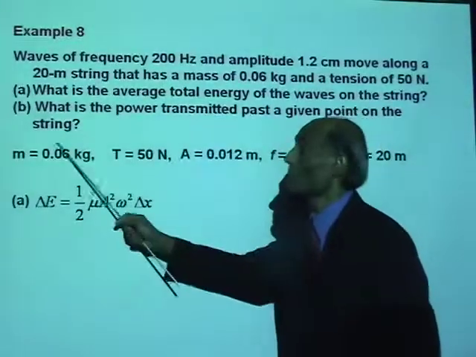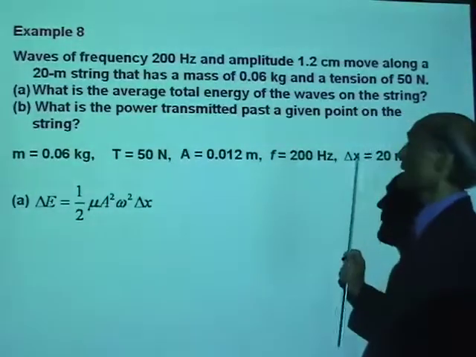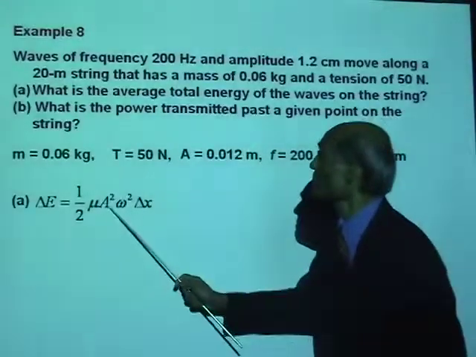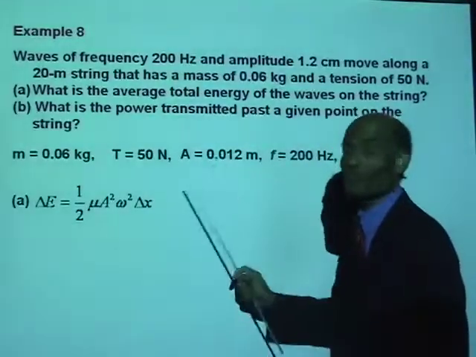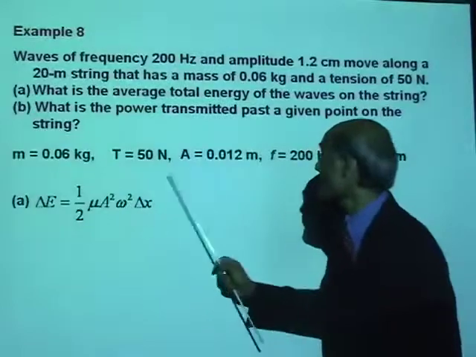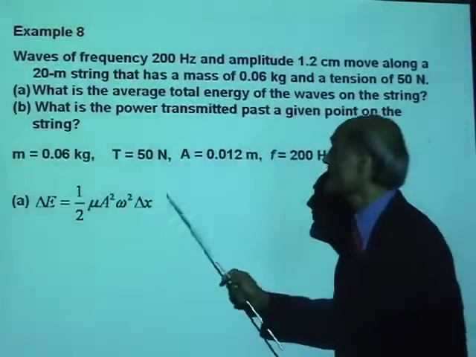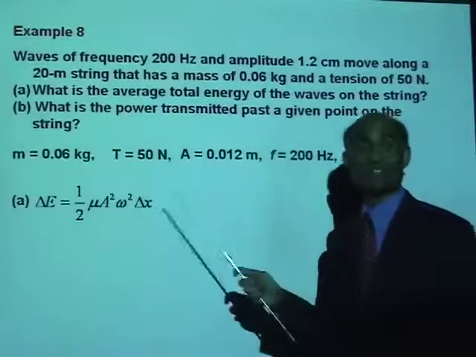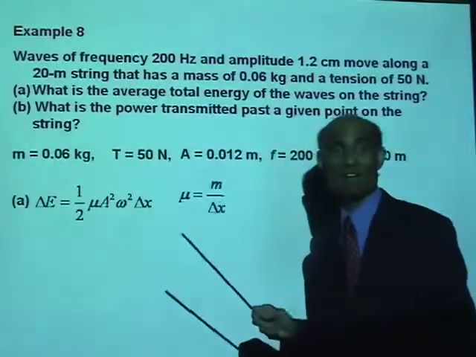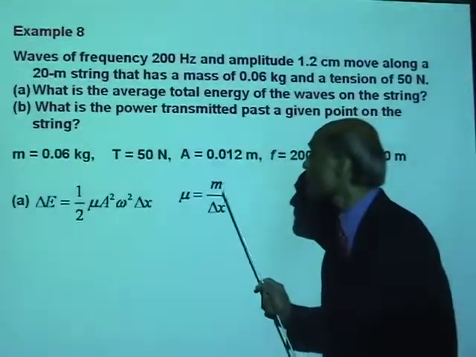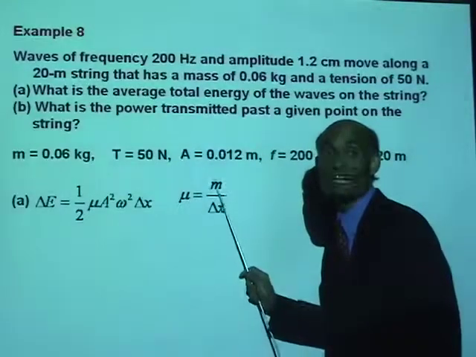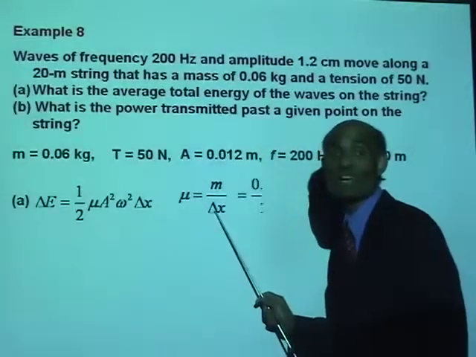Mu is mass divided by the length. The amplitude is given to us. Omega can be calculated from the frequency value, and delta x is given to us. So let's get these values. Mu equals m over delta x, mass per unit length.